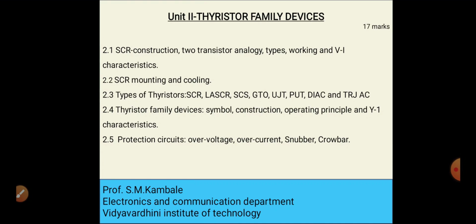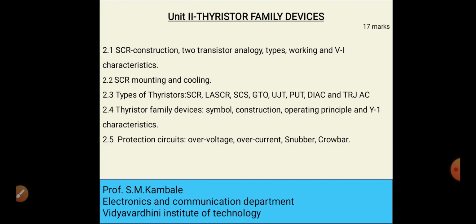Unidirectionals are SCR, LASCR, SCS, LASCS, then SUS, which are unidirectional, because in the SCR, that is in the silicon controlled rectifier. Why is it called a silicon controlled rectifier? These give a variable DC output, therefore it is called a controlled rectifier.